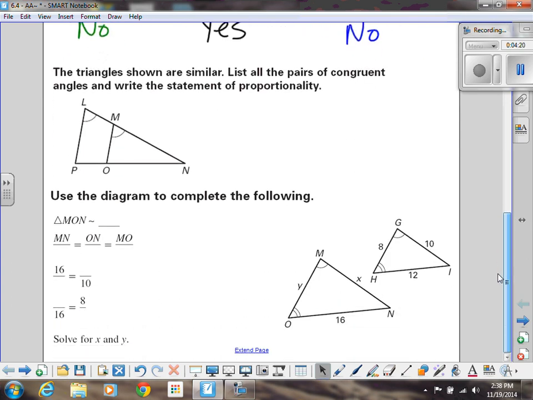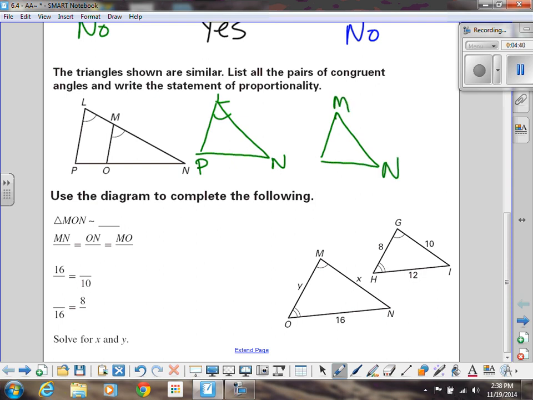All right, now in this diagram, it says that these two triangles are similar. Let's make sure we know what we're talking about. We're talking about this big triangle, L and P. I'm going to draw those out separately. And then we also are talking about triangle M and O. Those are similar triangles, and they want us to list all of the congruent angles.